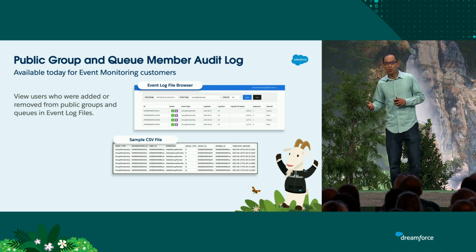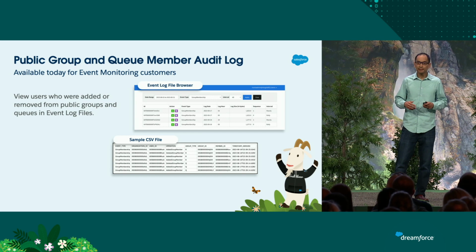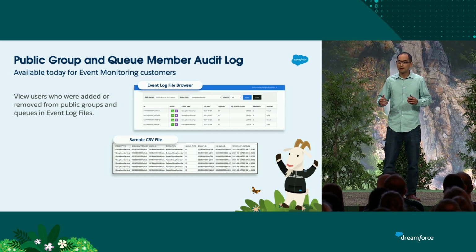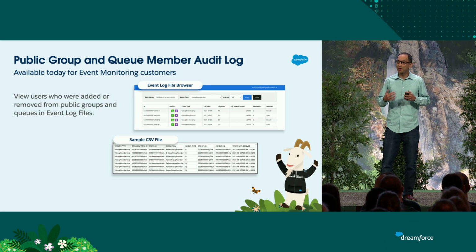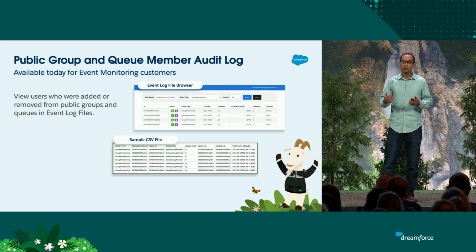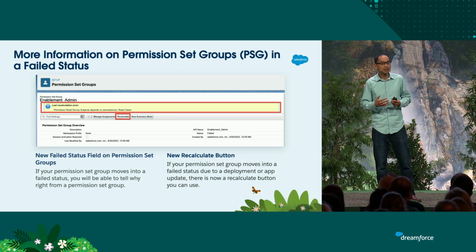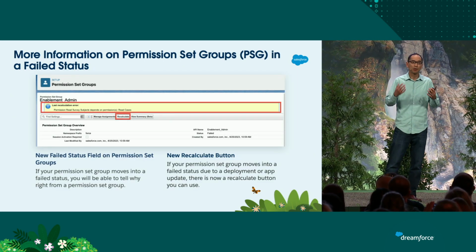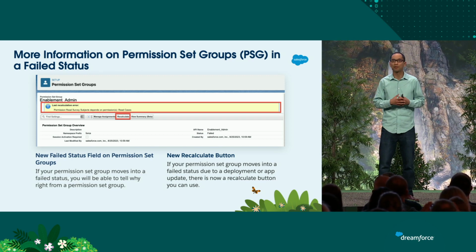I want to also go back to a year ago. You came to Release Readiness Live at Dreamforce, and you told us that permission set groups get into a failed status too often. What we noticed was that 70% of the time, the issues were on us. So we took that feedback and fixed our framework.